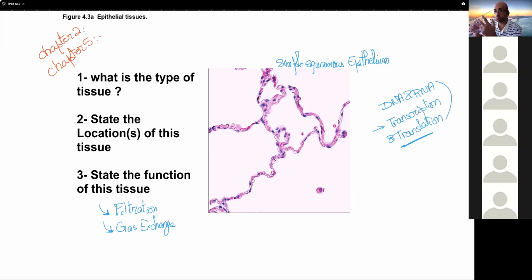It has questions from chapter 2, but it's not going to represent like 25% of the exam. It's going to be much less than this. So chapters 1, 3, and 4, and to a lesser extent, chapter 2.